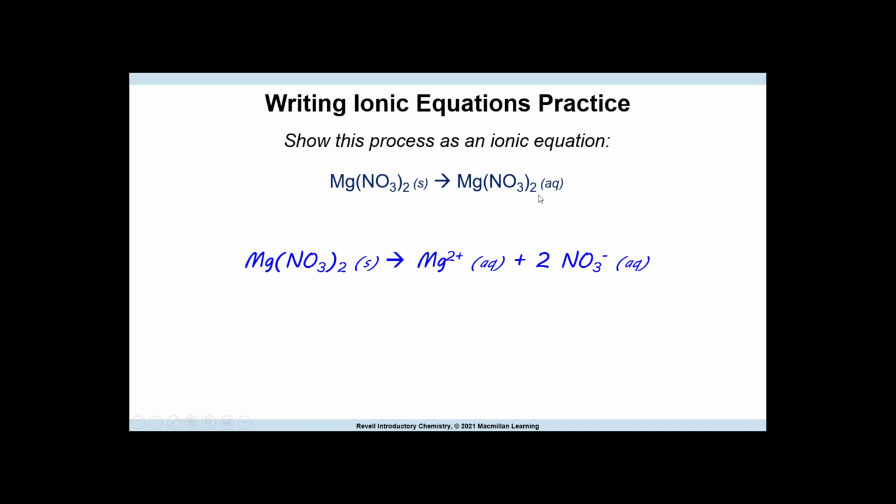But we have to account for the fact that there are 2 of these. So you simply add the 2 in front to account for the 2 nitrate ions that need to be involved. By looking at this, we can see that this dissolved into magnesium ions, and for every 1 magnesium ion, we need 2 nitrate ions in aqueous solution.